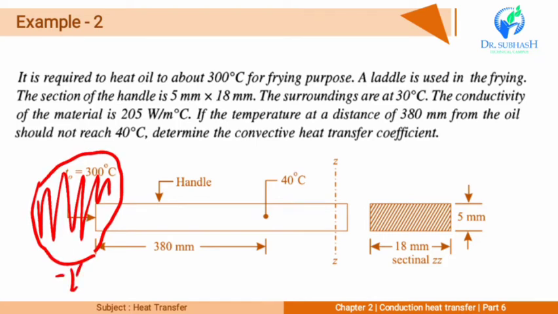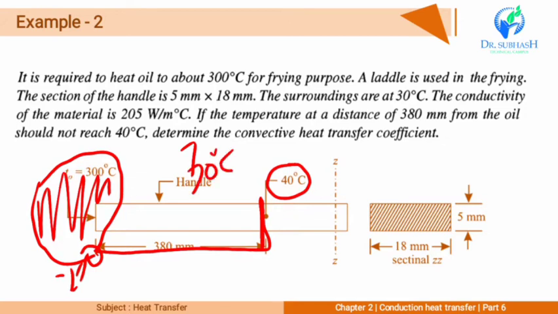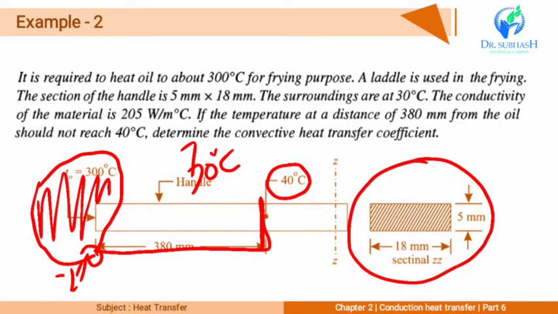From this end, when x is equal to 0, to 380 mm, the temperature at that point is 40 degrees centigrade. The surrounding, or atmospheric, temperature is 30 degrees centigrade. The cross section of this handle is 5 mm multiplied by 18 mm. We want to find the convective heat transfer coefficient h.